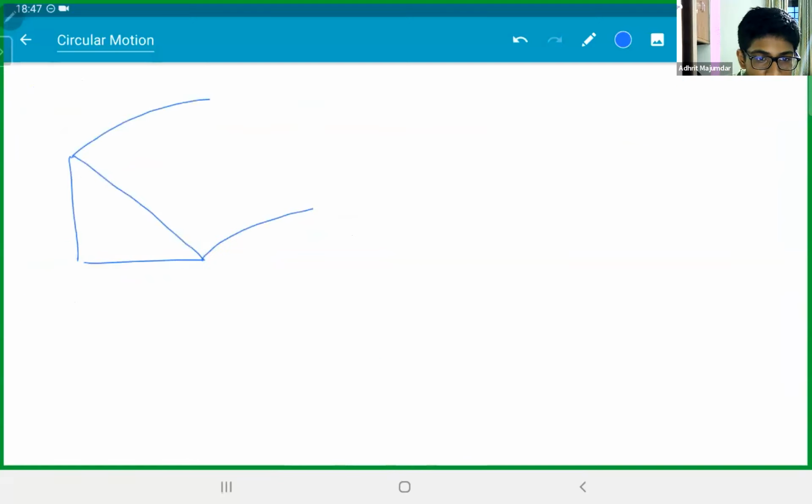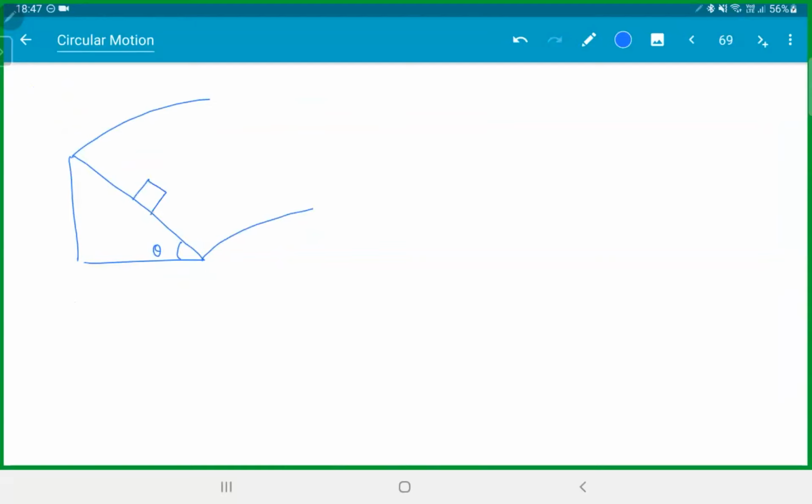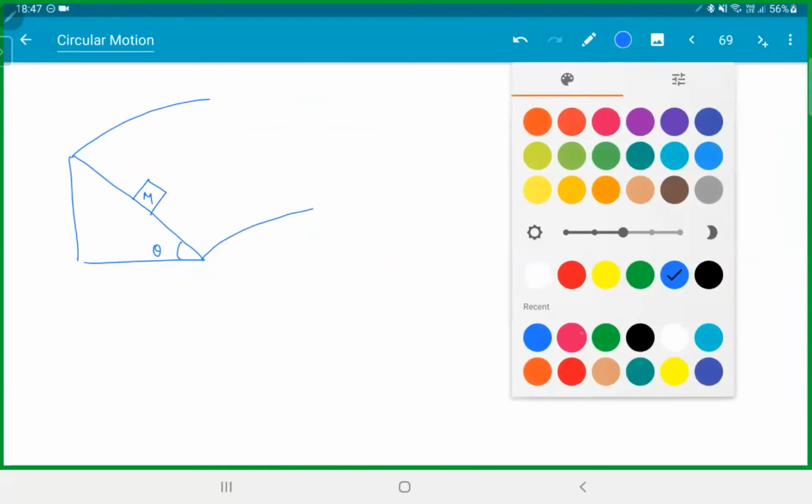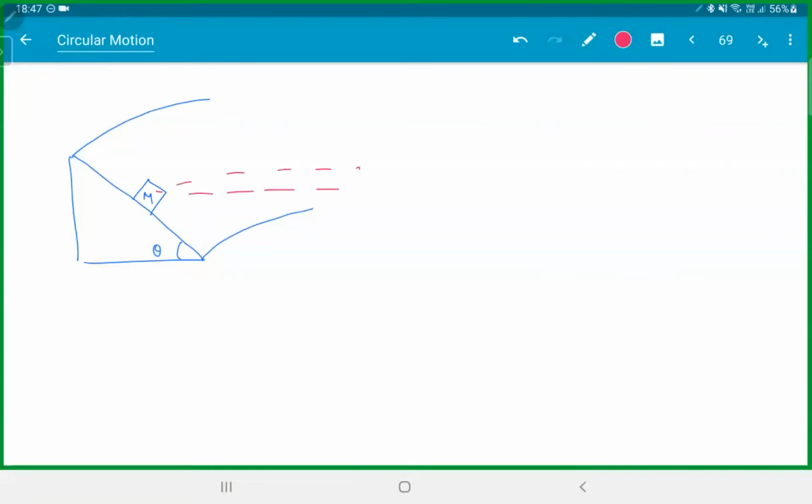So this is theta here. If you look at the FBD, this is going in a circle of some radius. What are the forces on this? Normal reaction, mg. Since you're going in a circle, there is a centripetal acceleration.